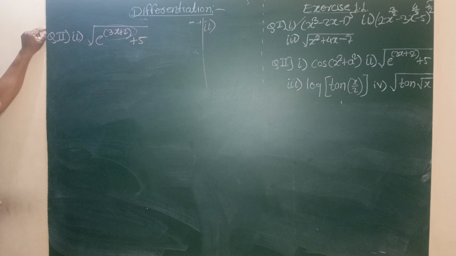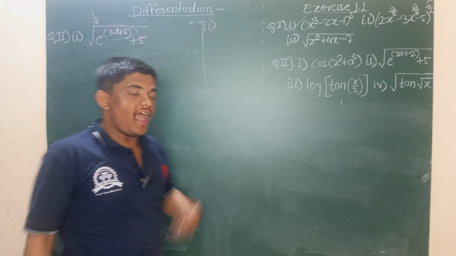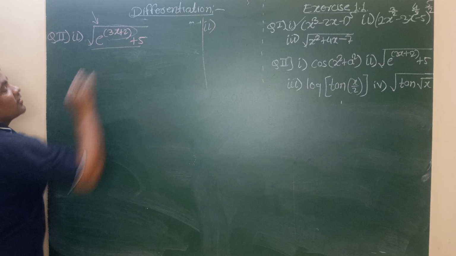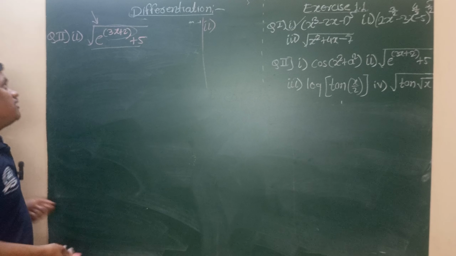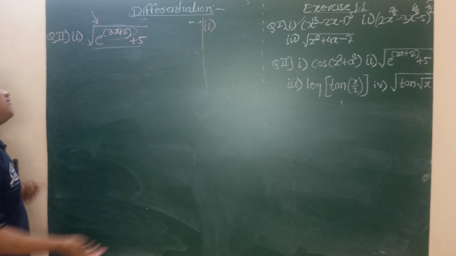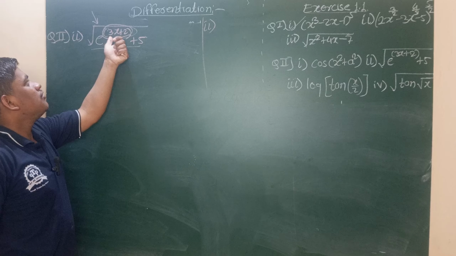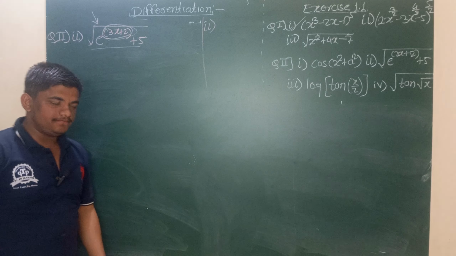First of all, we go inside the functions from the outside. When we go inside, we first face the square root, then the e raised to x plus 5 function. Going deeper into the question, we find 3x plus 2.